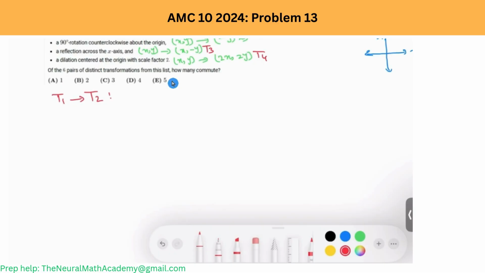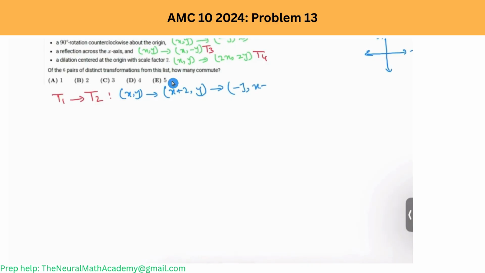So if I apply T1 first, that would give me x plus 2, y, right? And now if I apply T2 on this, then I would get minus y, x plus 2.